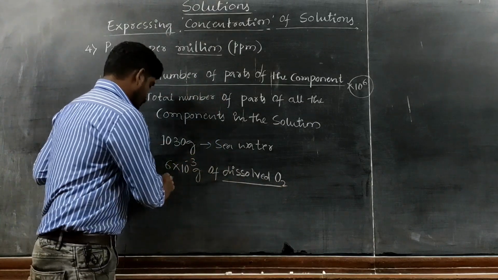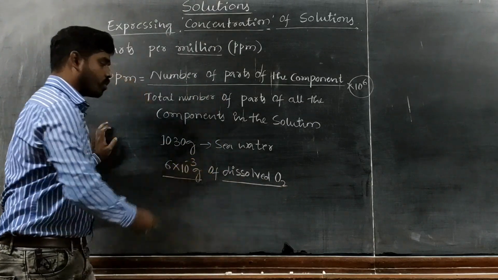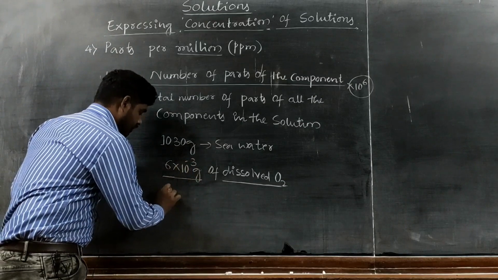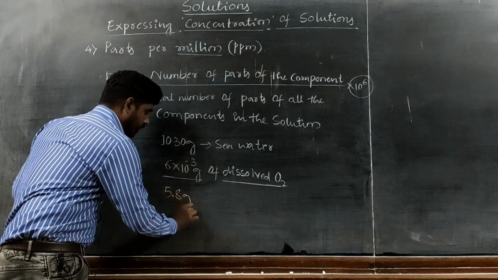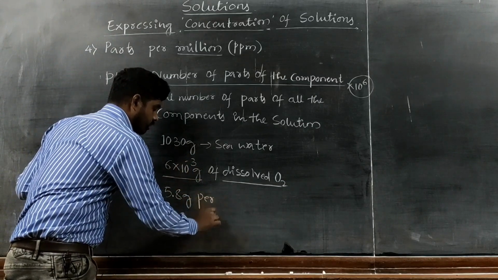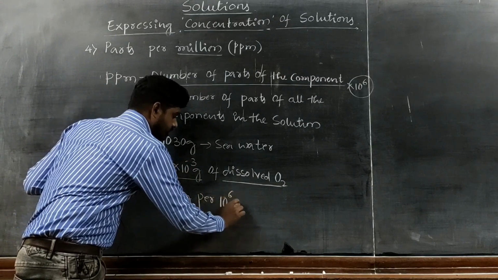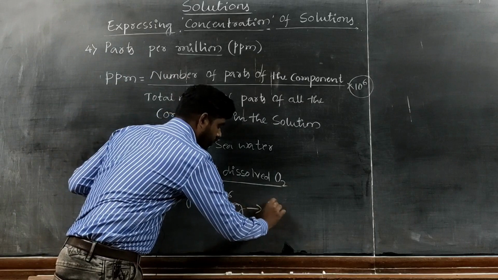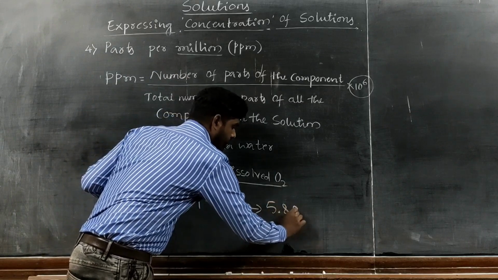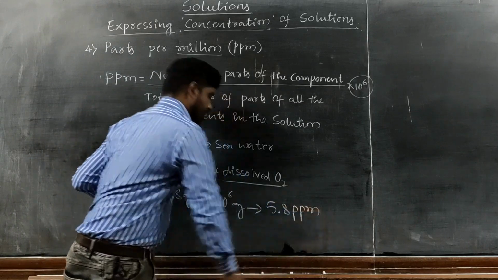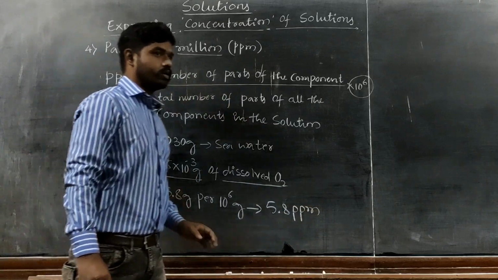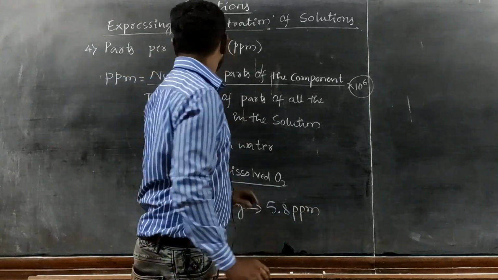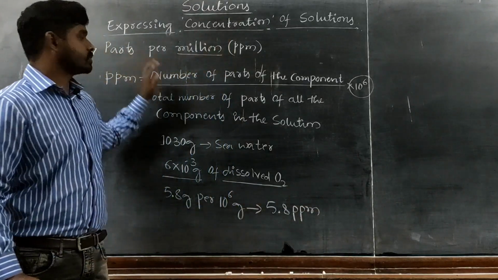So this is such a small amount. It is nothing but 5.8 gram per 10 to the power of 6 grams. So it gives 5.8 parts per million of dissolved oxygen in 1 liter of seawater. So this is the fourth one, parts per million.